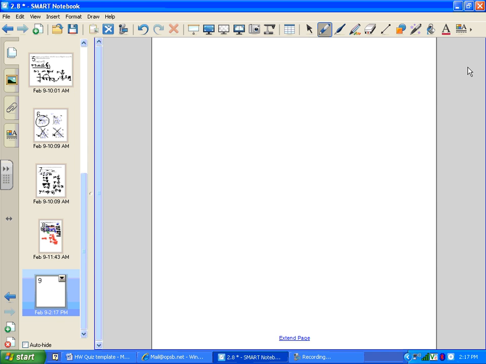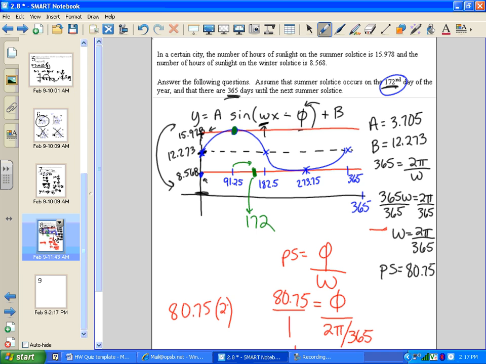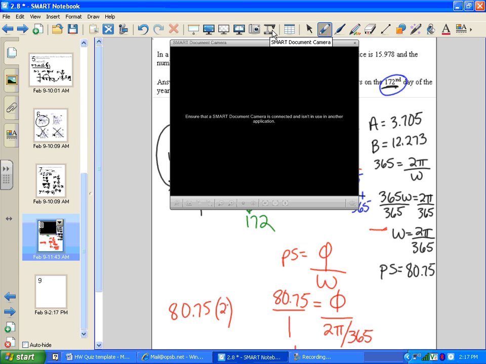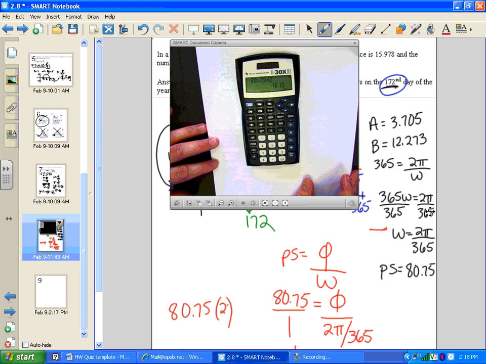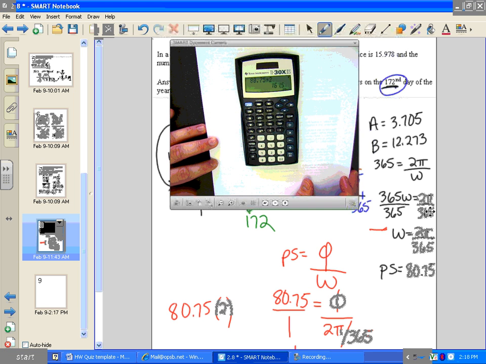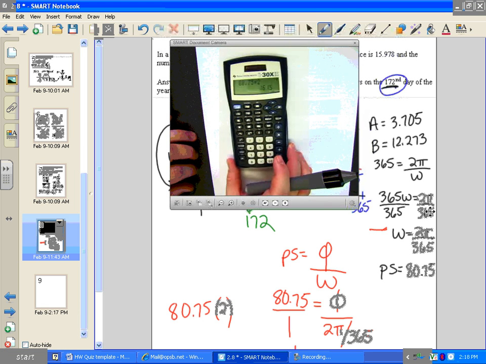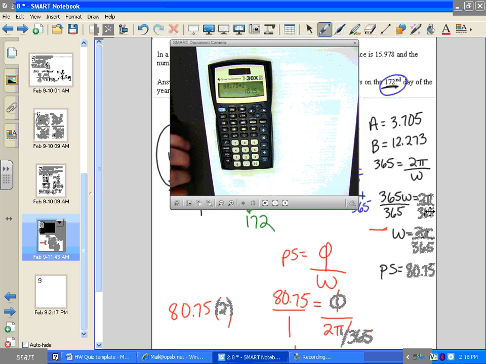Give me a second. Okay, here we go. So you can see the calculator now, hopefully.